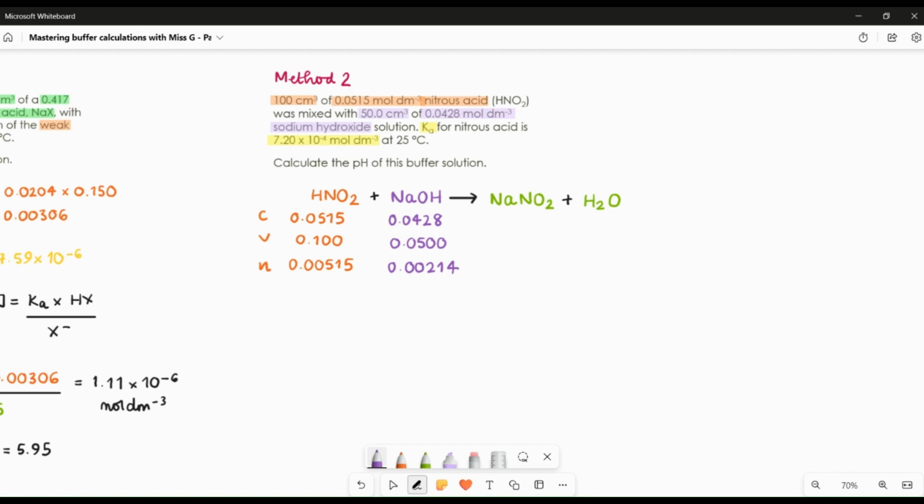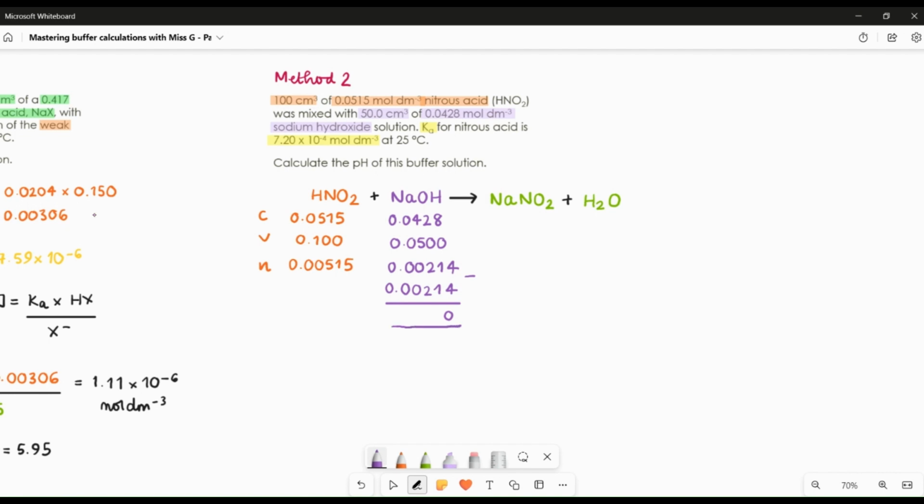Now, hopefully we can see that because these react in a 1-to-1 ratio, the HNO2, the weak acid, is definitely in excess because that is the bigger number. So what that means is all of my alkali is going to react with some of the weak acid.